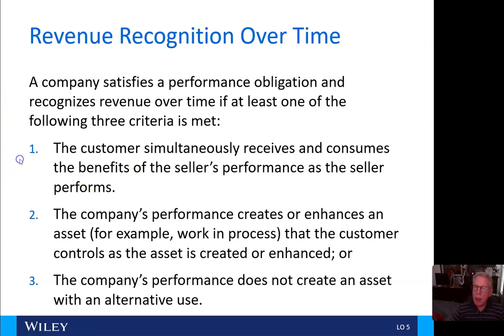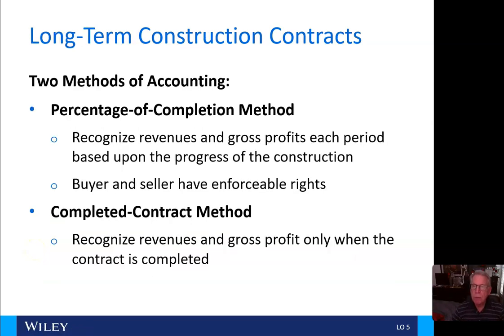Number one, the customer simultaneously receives and consumes the benefits of the seller's performance as the seller performs. Number two, the company's performance creates or enhances an asset, for example, work in process, that the customer controls as the asset is created or enhanced. Or number three, the company's performance does not create an asset with an alternative use.